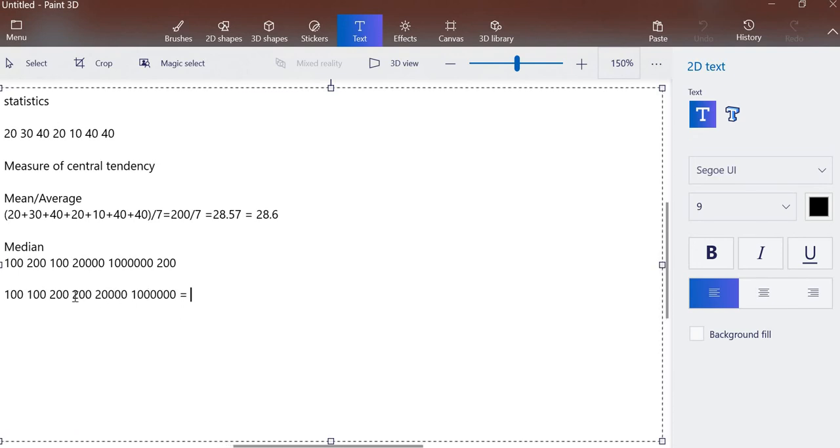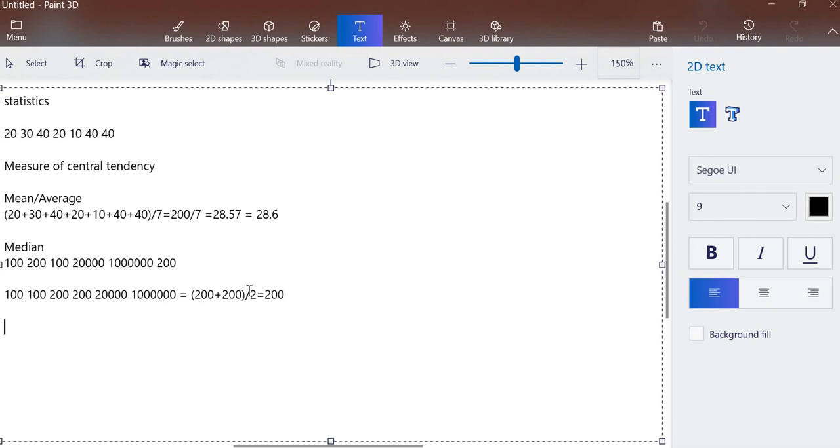Because it's an even number, the median value comes from 200 and 200. So the average between 200 and 200 will be the actual value, which is 200. So here we can say the representation of the salary for the specific number of people we have is 200.